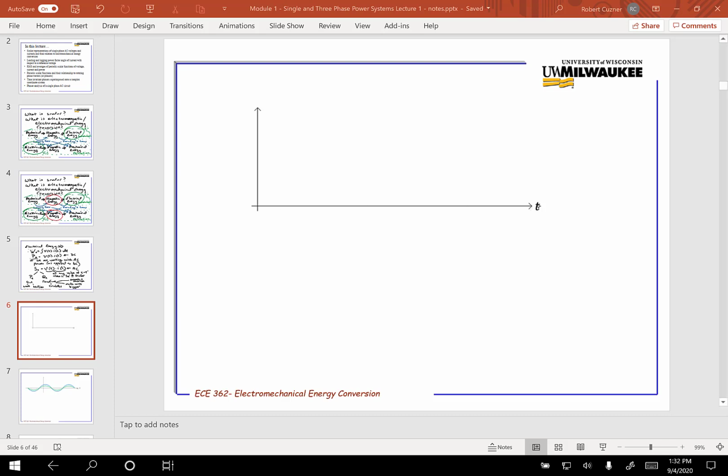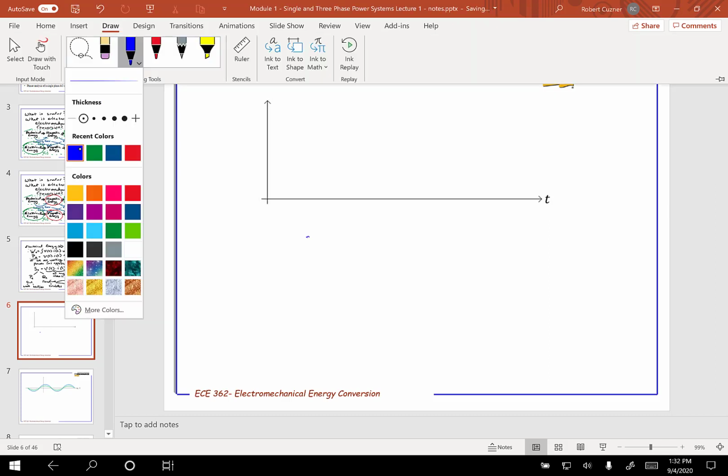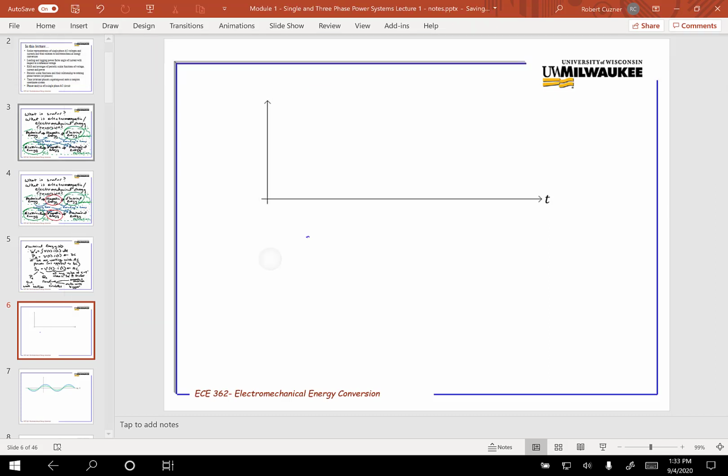This is time, and a y-axis, and I'm going to draw the shape of a voltage that, let's say, is being applied from a DC power supply to a system, and we'll just say that this is a resistive load.